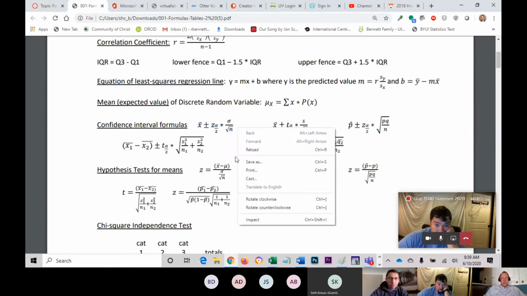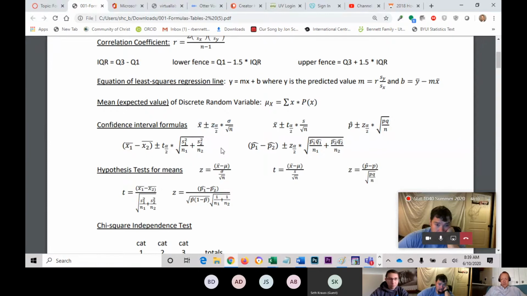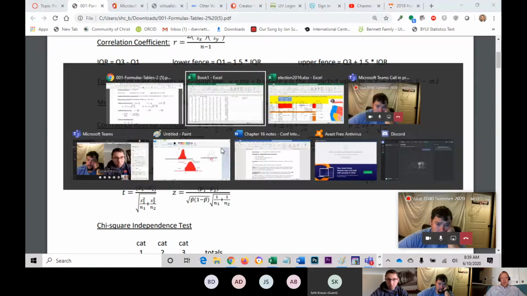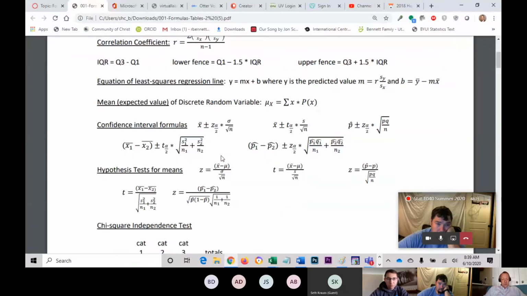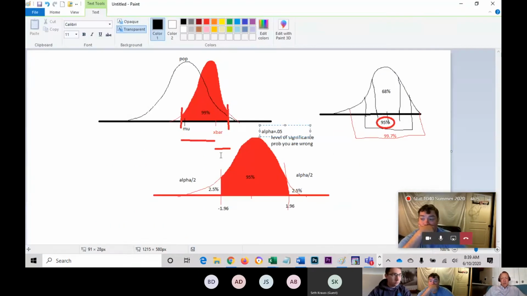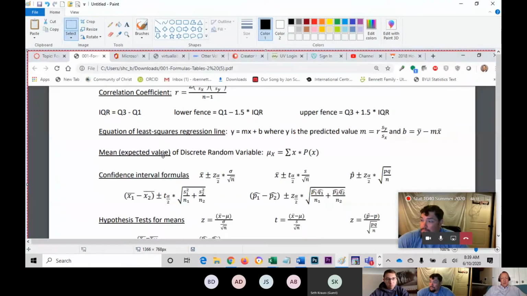So this is the formula I'm going to use. So I'm going to copy this and paste it over that. Let's try that again. Paste, I say. There we go. Okay, so we're going to use this formula here.